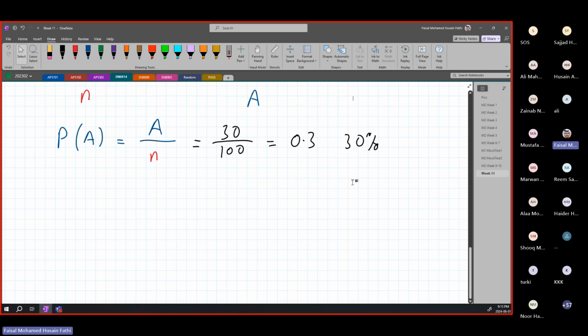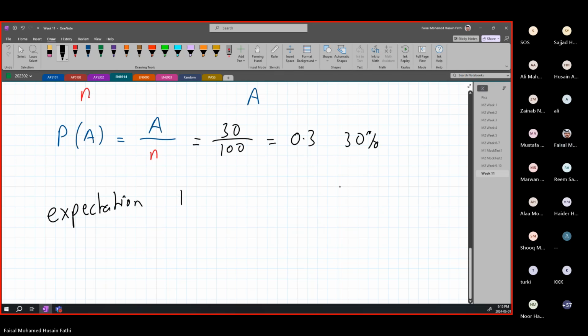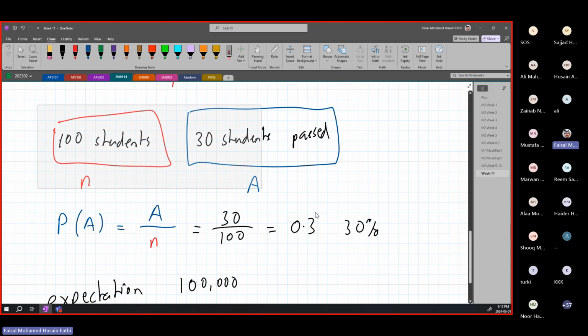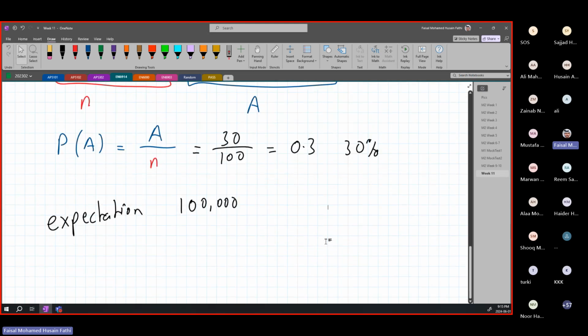Okay. So what if I am expecting for the same university expectation of 100,000 students based on this data, based on this probability? So we know that the probability of passing is 30%.